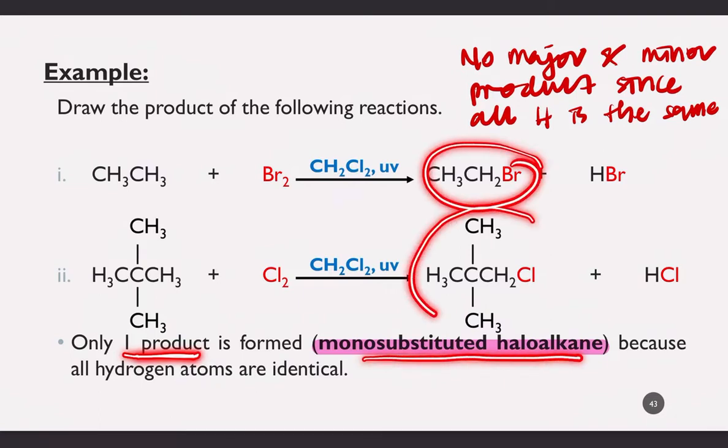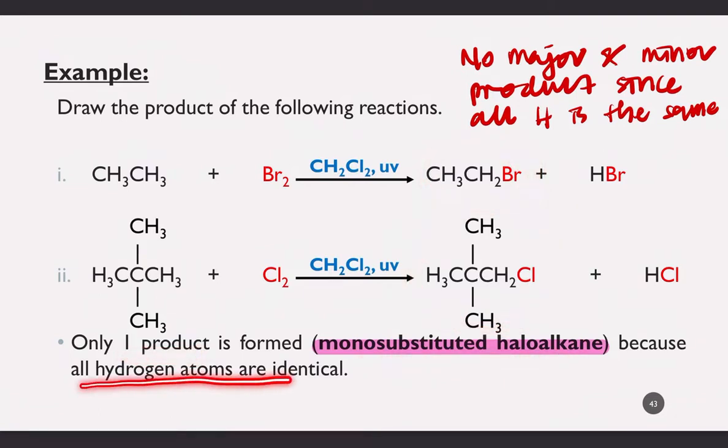Yang ni, dua ni. Because all of the hydrogens are identical. So that means that when all the hydrogen is identical, let's say H ni dengan H ni both are primary hydrogen, okay, you will form only one product, a monosubstituted haloalkane.